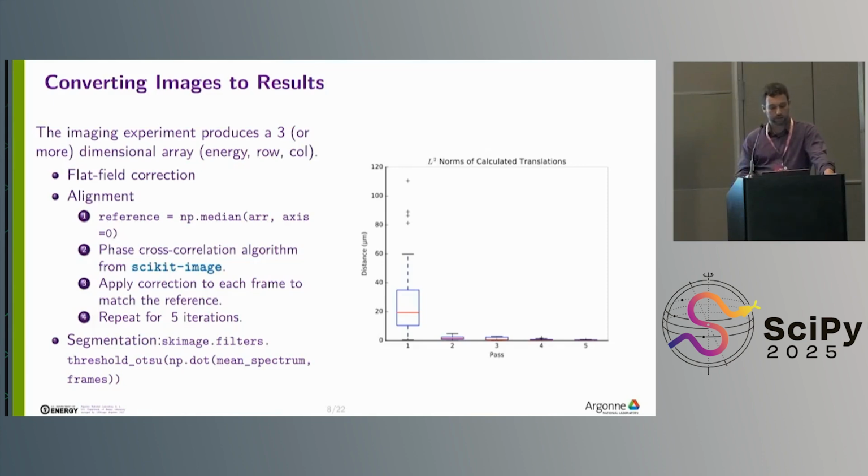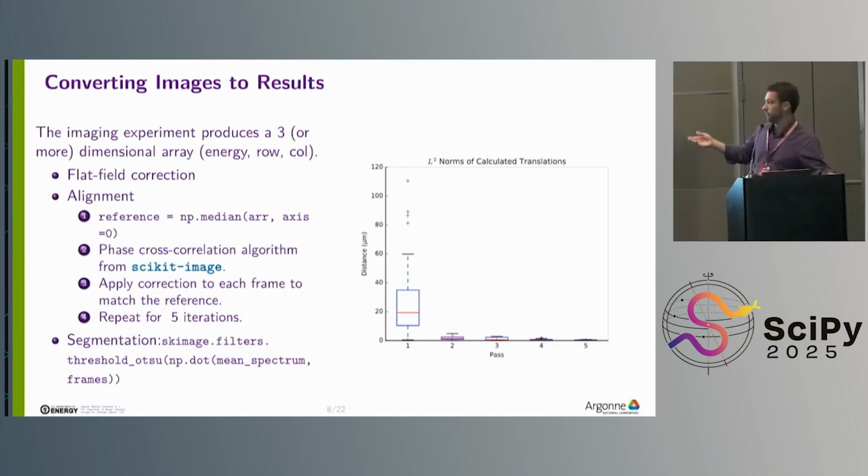So to do this, we now take the average over the X and Y dimensions so that we just get an overall spectrum for the entire particle. That's the mean spectrum here. And then the dot product of this with the entire 3D stack gives us a new image where the value at each pixel is the amount of spectrum that is in that pixel.